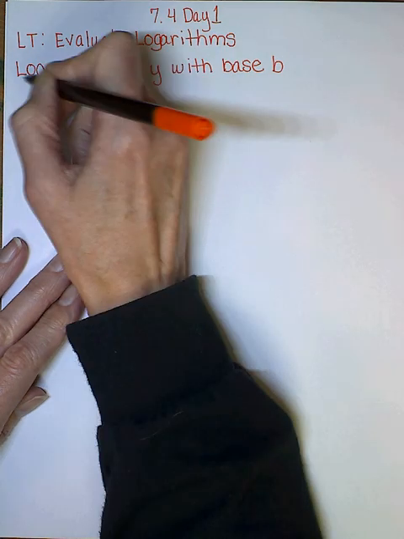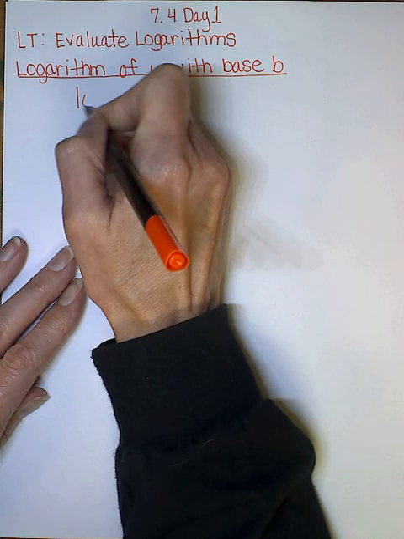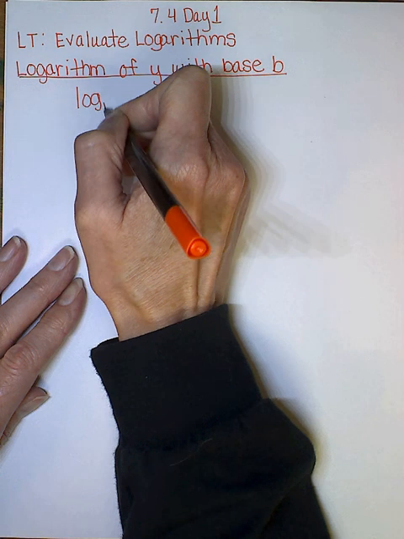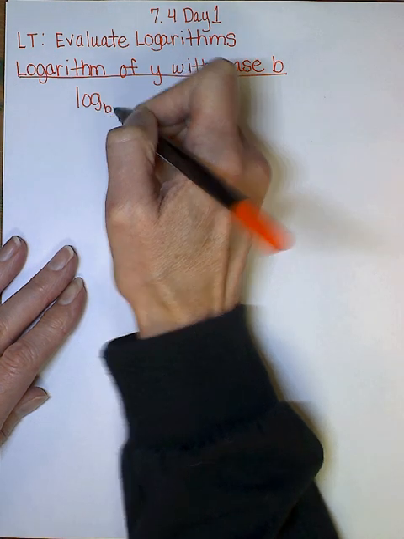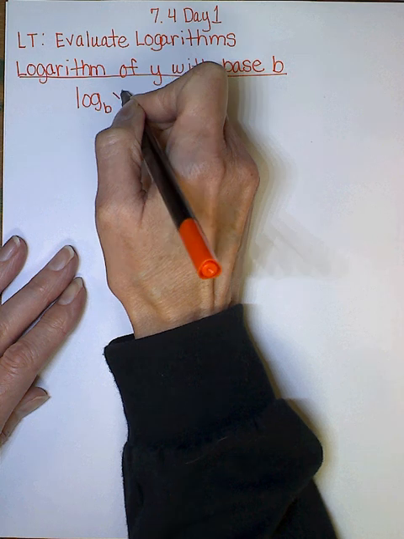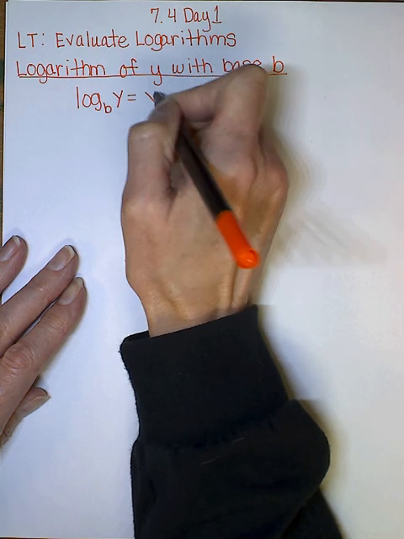So it's going to look like this. This is where the base goes. It's kind of like a subscript. It goes down. And then on the same level of log is the letter y, and this will equal x.